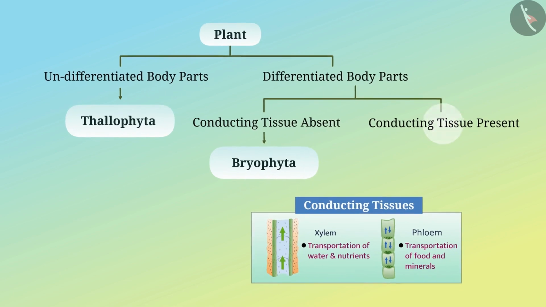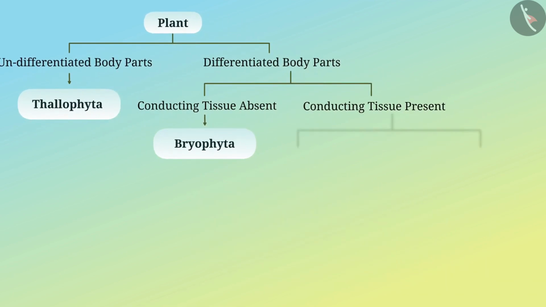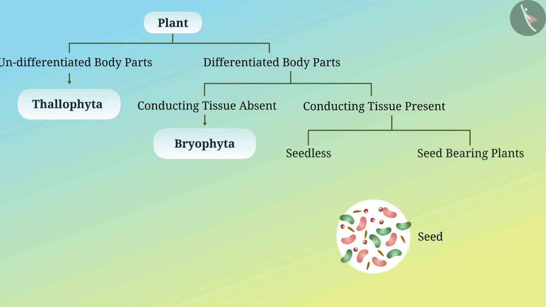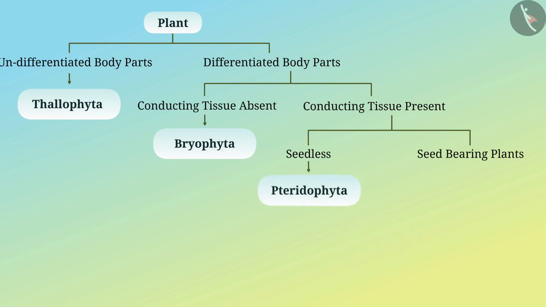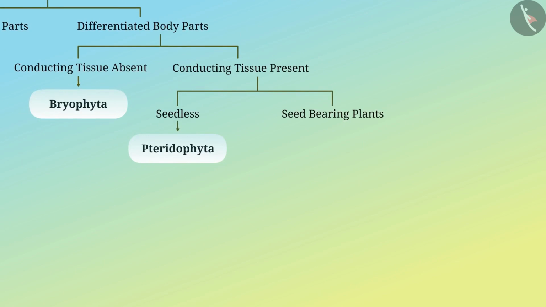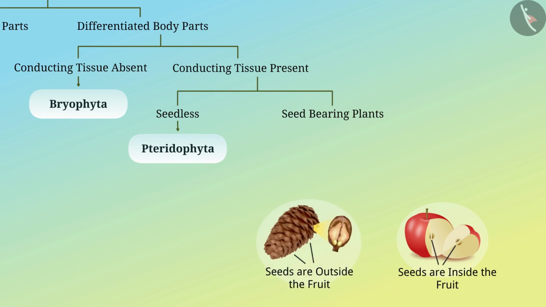Plants that have tissues for conduction are classified based on their ability to hold seed. Seedless plants are placed in the subclass Pteridophyta. Then we classify seed-producing plants on the basis of whether the seed is inside or outside the fruit.